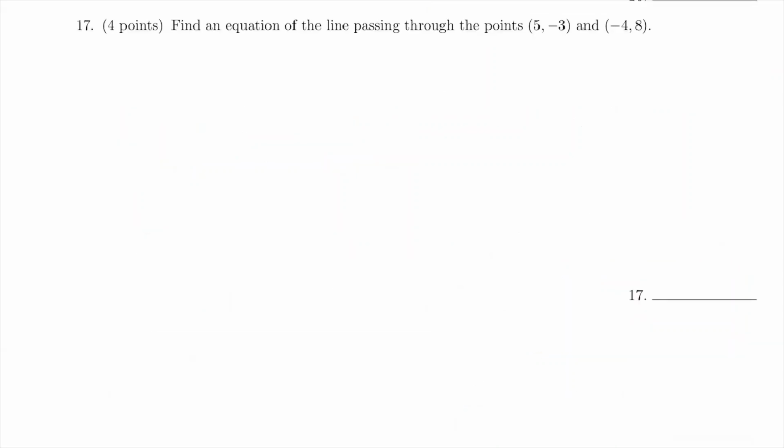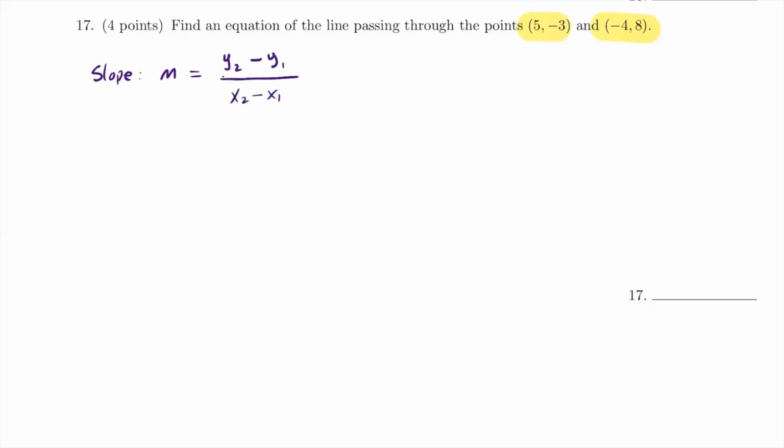For 17, we want to find an equation of the line passing through these points. So for an equation of a line, we need the slope. So slope is going to be denoted by m, and we know m is the change in y values over the change in x values. So we can say y2 minus y1 divided by x2 minus x1.